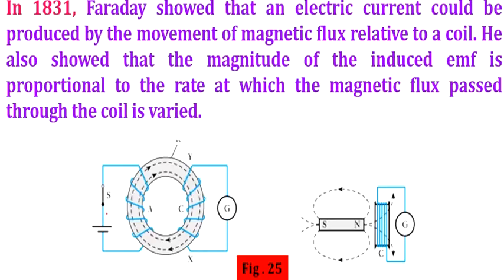Here we have a coil connected with a battery, and when you excite this coil, you get the magnetic flux. If the coil is moving, that will generate electric current. For explaining that, we have the movement of a magnet. This coil is connected with a generator.